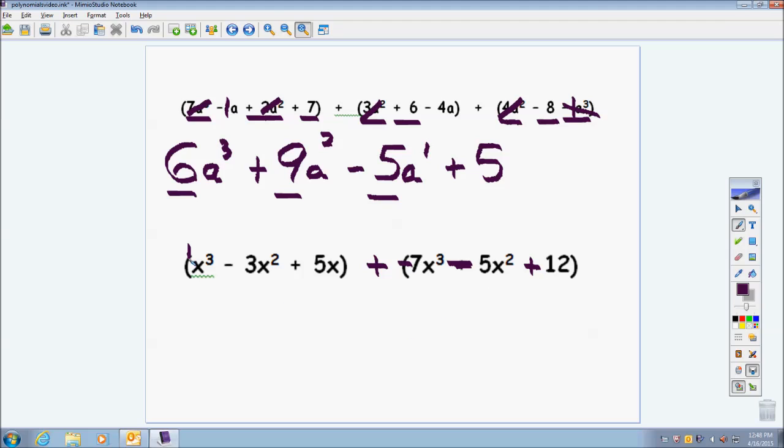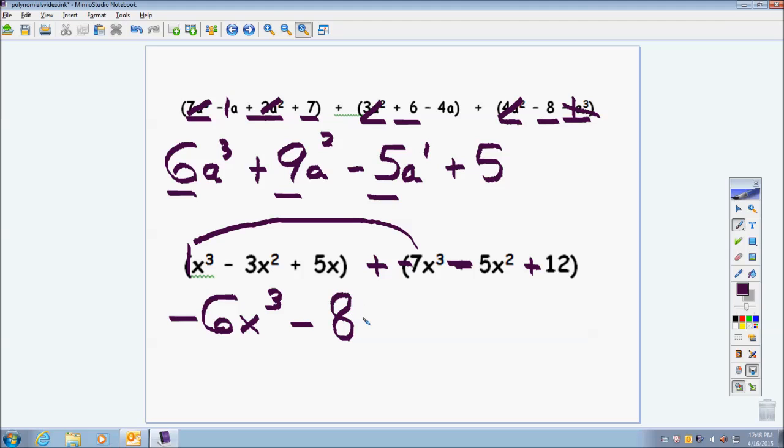So now I'm going to take the 1x cubed plus negative 7x cubed, which is negative 6x cubed. I'm going to take negative 3x squared plus negative 5x squared, and I'm going to get negative 8x squared. I've got a 5x here. There's no x term here, so it's just going to be 5x.